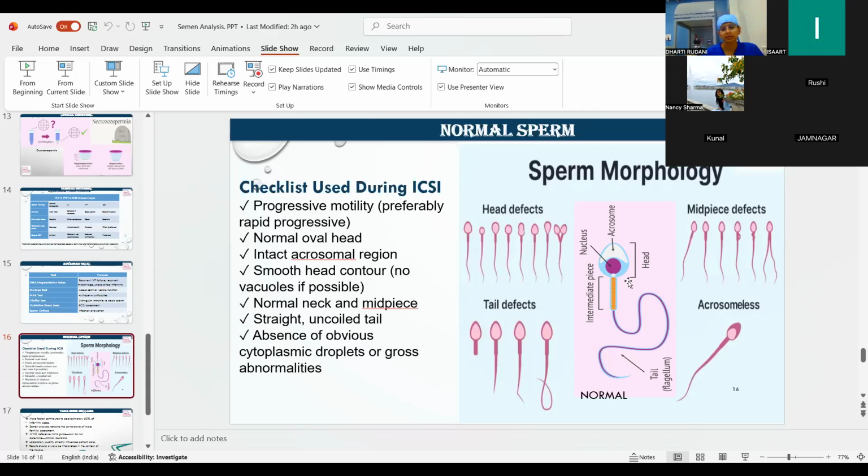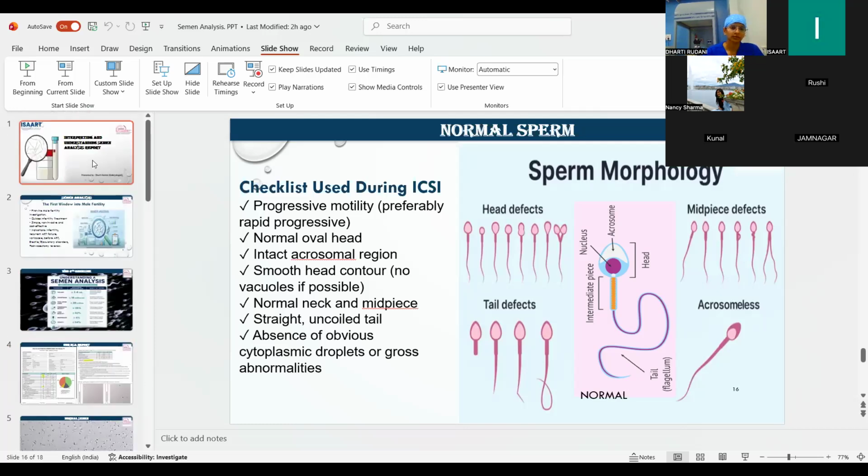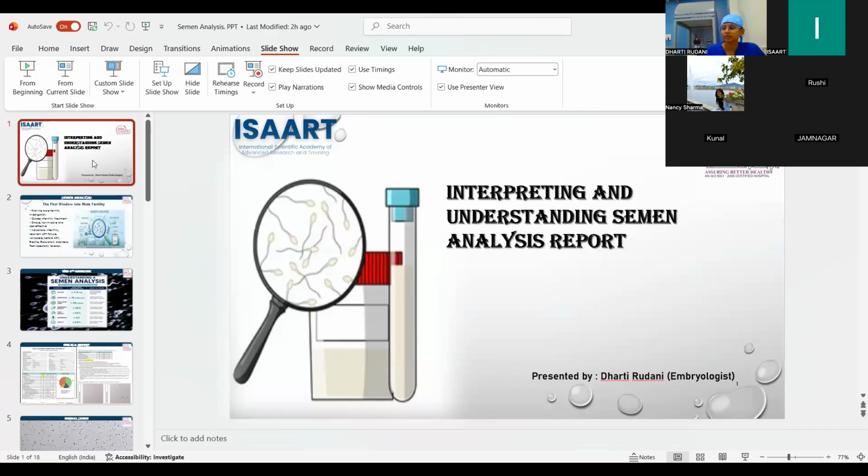Motility is important. Morphology is equally important, but I have to choose between two, because mostly in TESA samples the motile sperm are sometimes morphologically abnormal, and some morphologically normal sperm are not motile. So if I have to choose between those, I'll go for the motile one first.